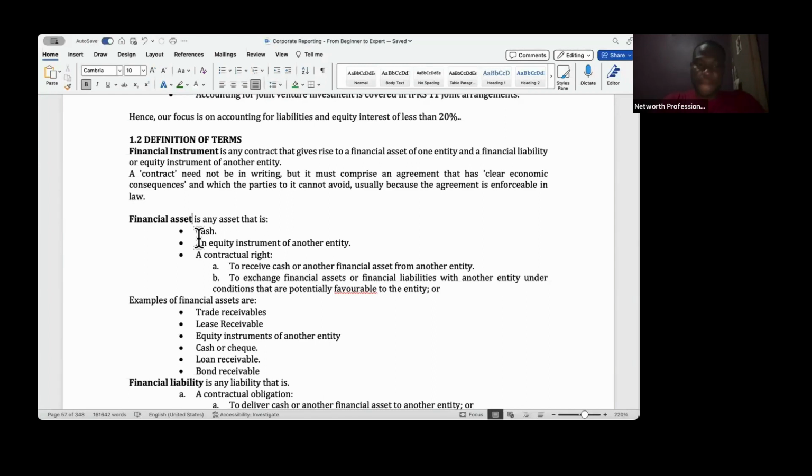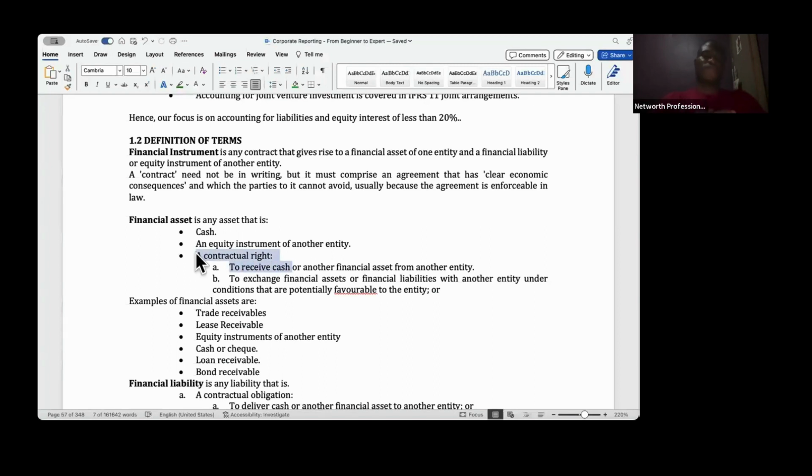And thirdly, a financial asset is a contractual right to receive cash. When we talk about a contractual right to receive cash, what we mean is that when you have that right, you do little or nothing to receive that cash because you will just get that cash.